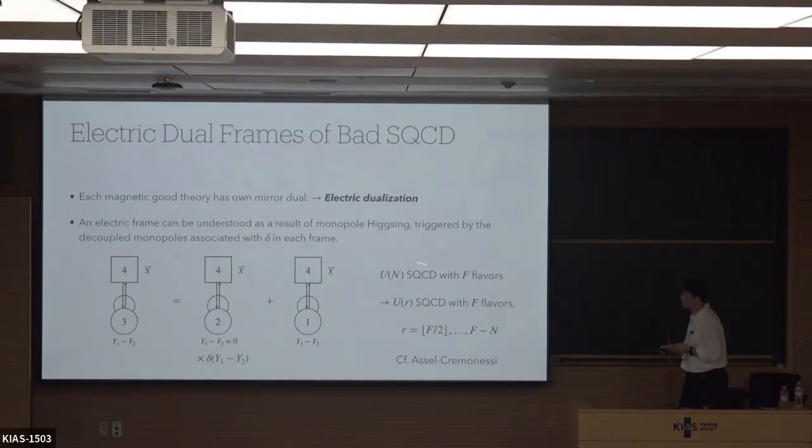And in general, if you consider U(N) SQCD with F flavors, it is decomposed into the set of rank R SQCD theories with F flavors, where R runs from the integer part of F over 2 to F minus N. And this is consistent with the result by Assel and Cremonesi, who examined the moduli space of this bad N equal to 4 series.